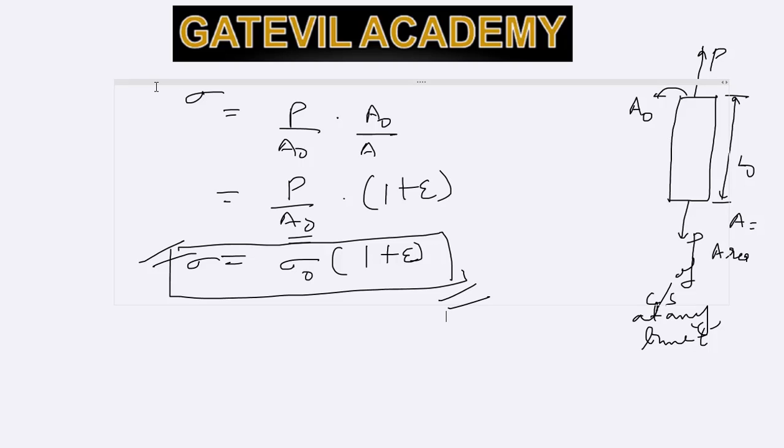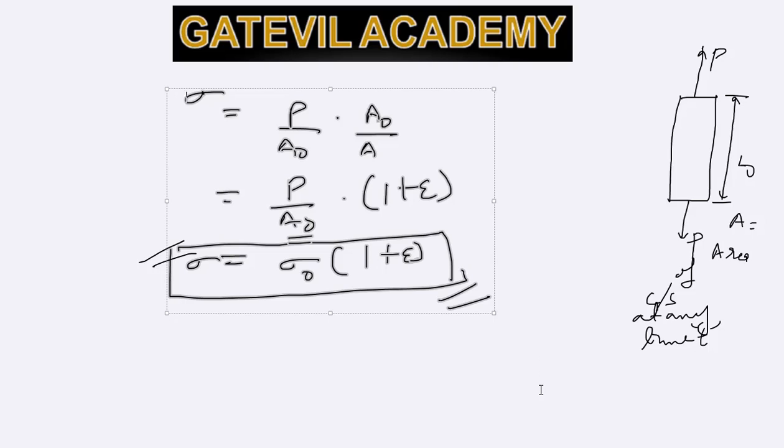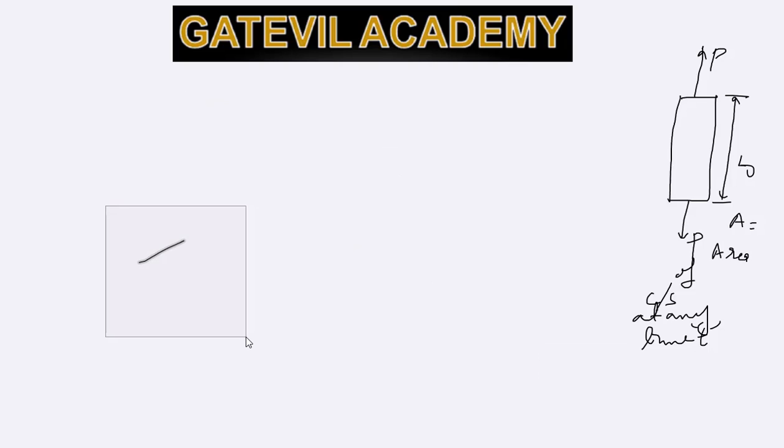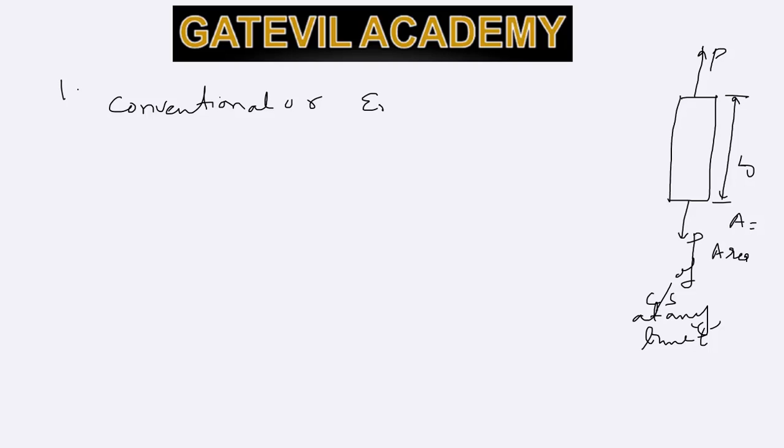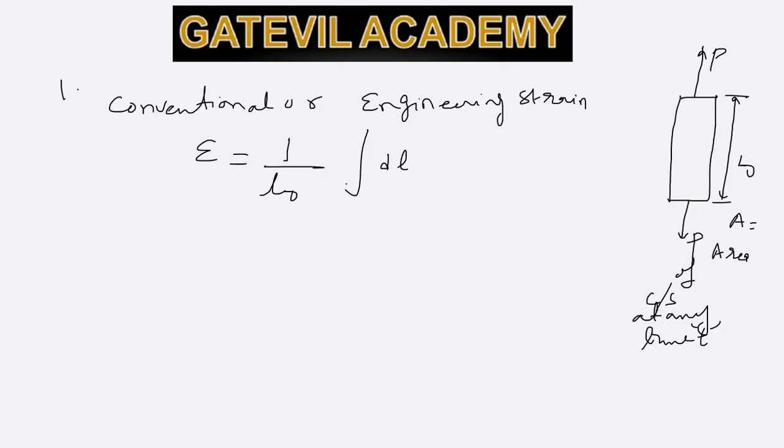Now let's move over to strains. First of all, we have conventional or engineering strain, which is equal to epsilon, and it is 1 by L naught integration of dl from L naught to L, which is nothing but change in length by original length.